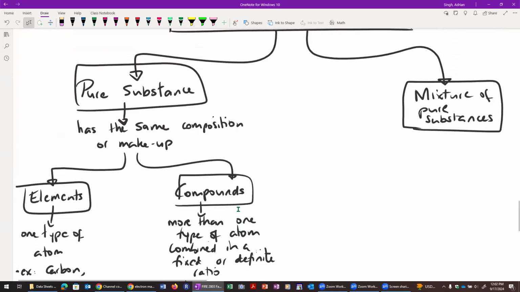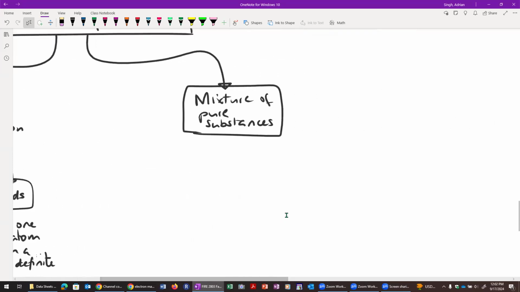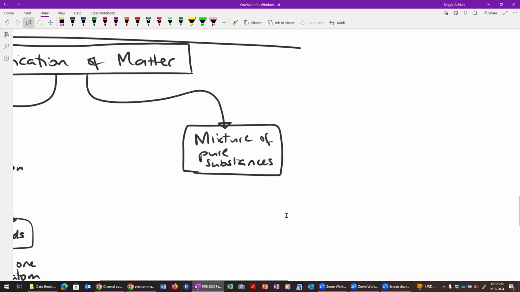So pure substances are different than mixtures, and mixtures are simply instances where we have multiple pure substances that share the same physical space.